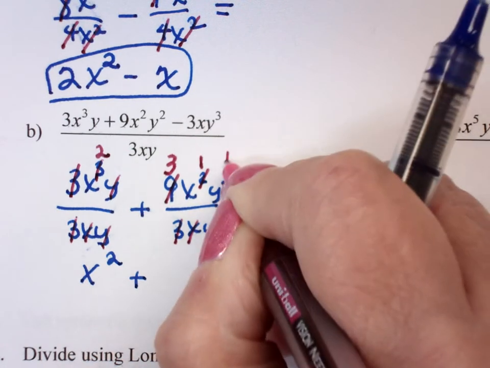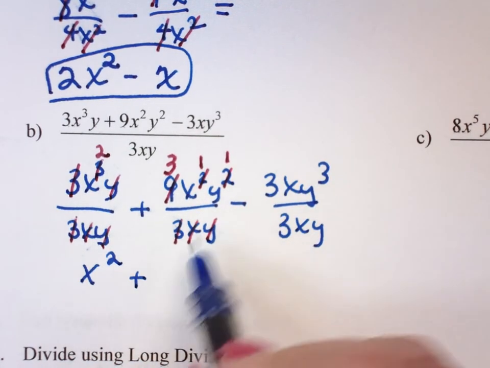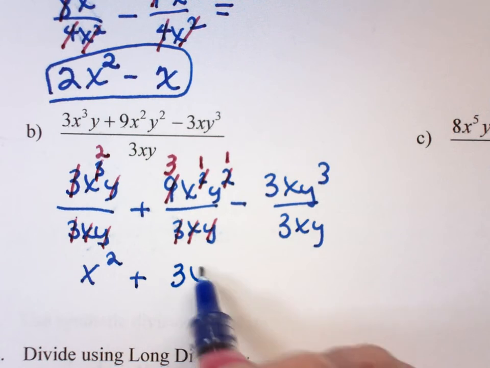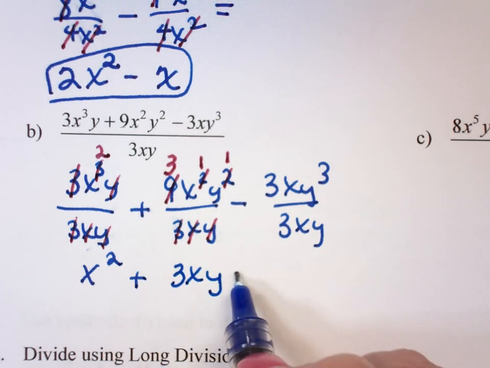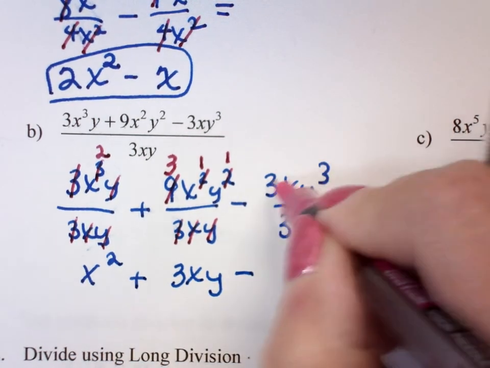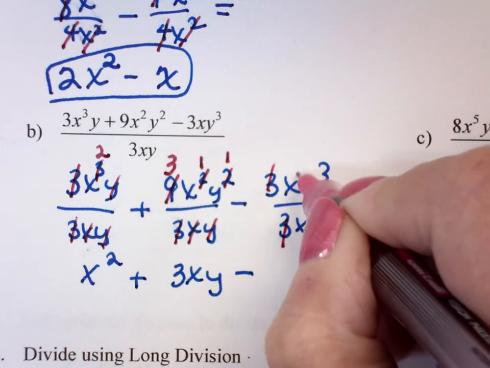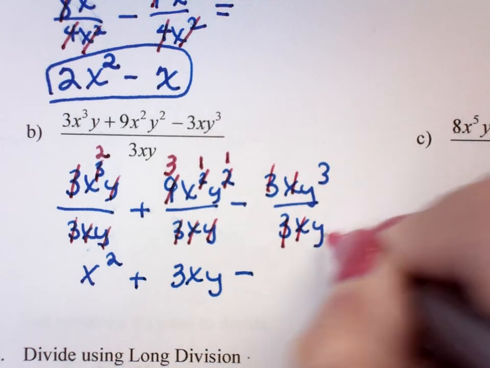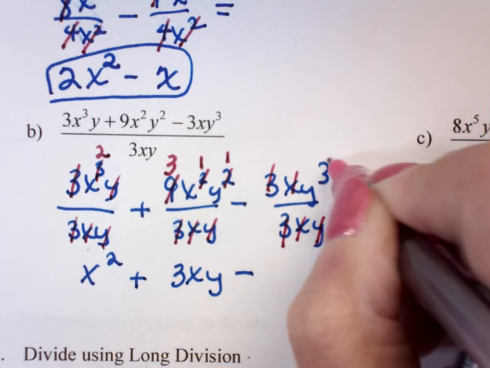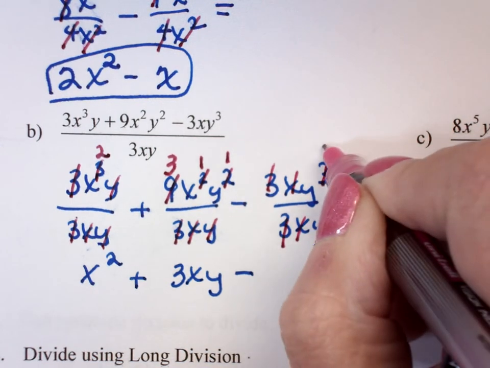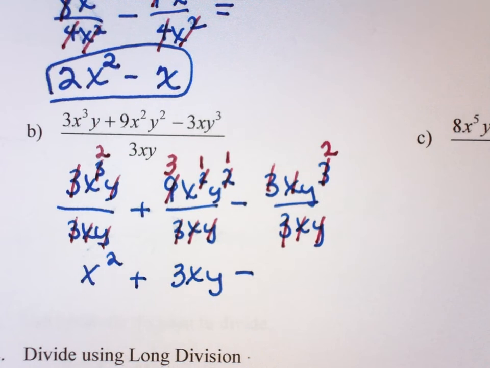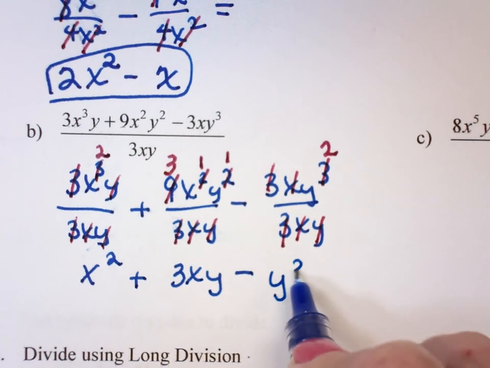Y squared, that gives me a y to the 1. So that says I've got 3x to the 1, y to the 1, minus 3 takes out the 3, x takes out the x, y takes out one of those 3, giving me a 2, and you're just left with y squared.